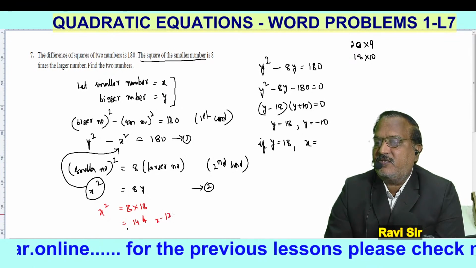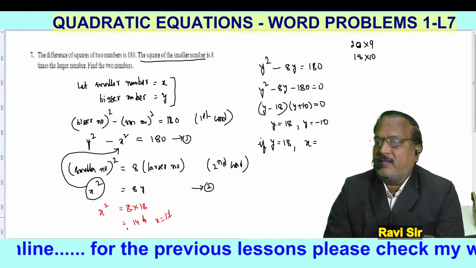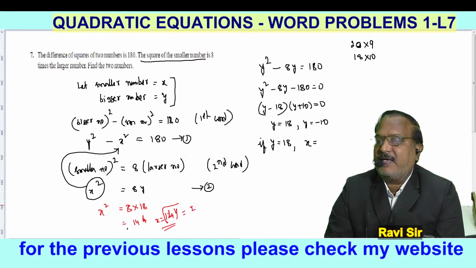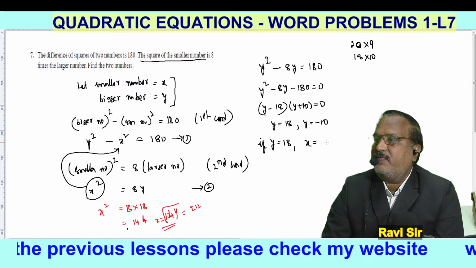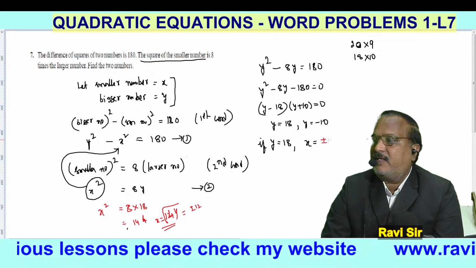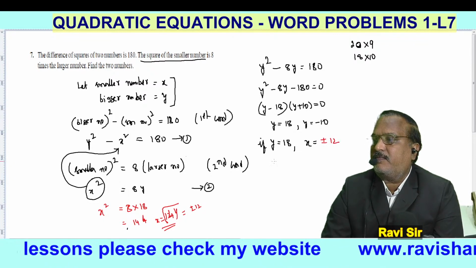X is equal to the square root of 144, that is 12, plus or minus 12. So if y is equal to 18, x is plus or minus 12.